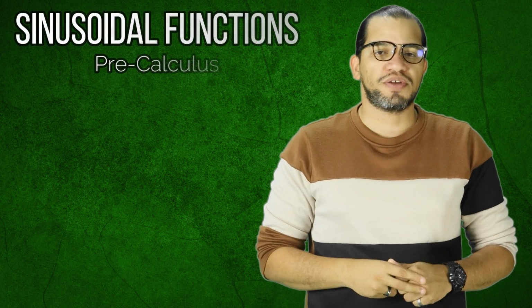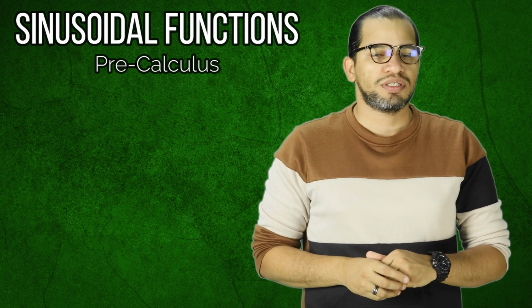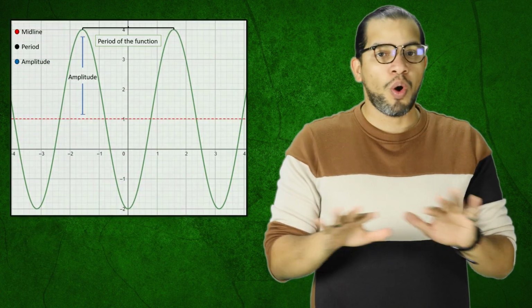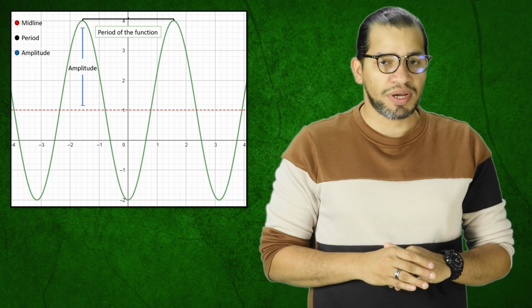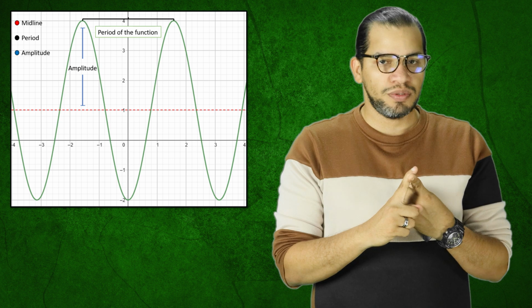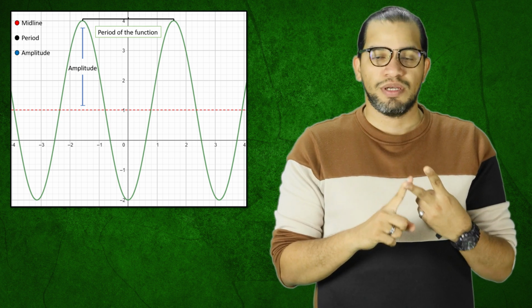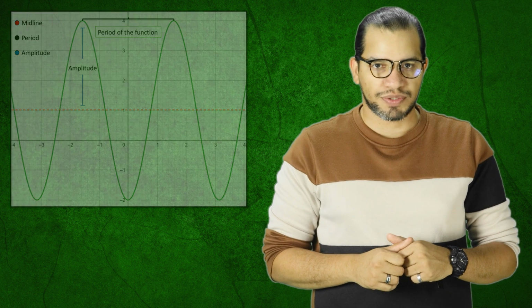In today's lesson, we're going to deal with a generalization of the idea of periodic functions. Today's lesson is going to be about sinusoidal functions. As we mentioned before, all periodic functions have some qualities that are very important. Those qualities are the amplitude, the period, and horizontal and vertical transformations.